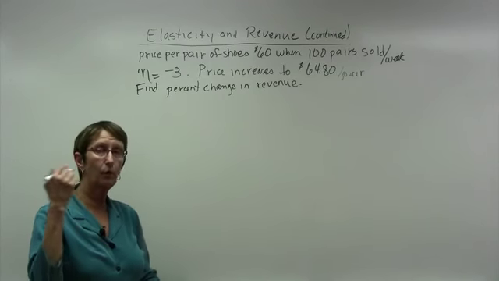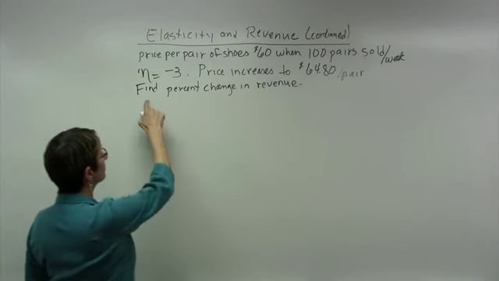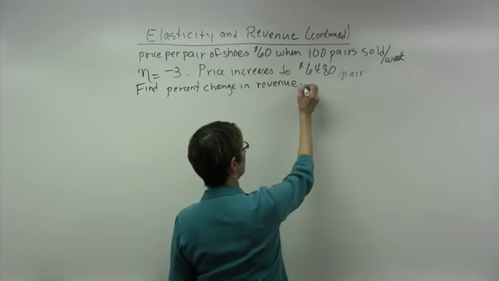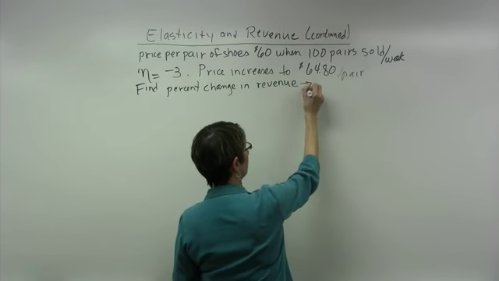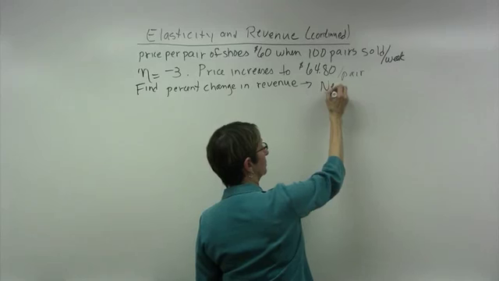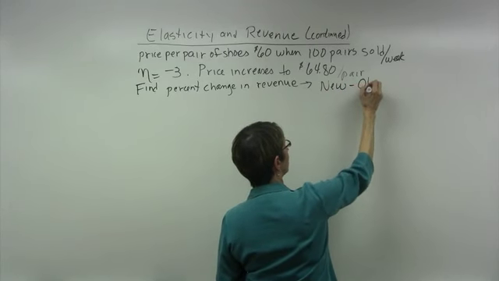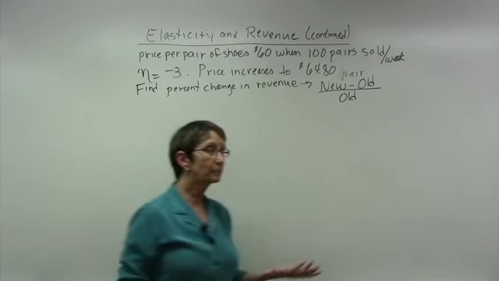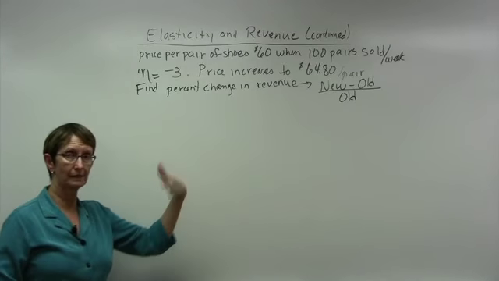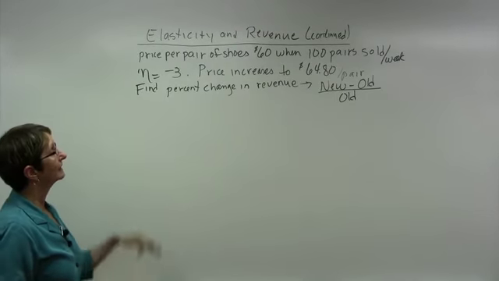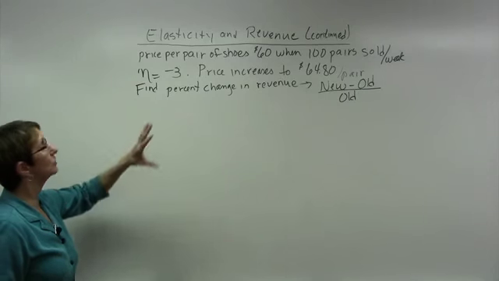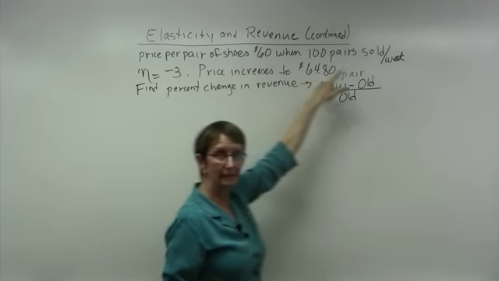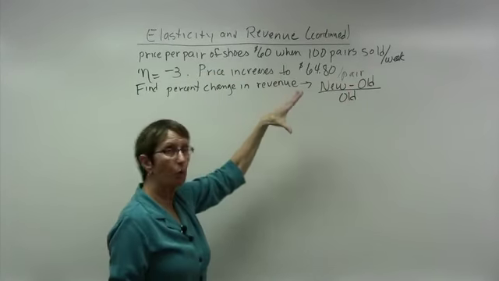So let's think about what is a percent change in revenue. Percent change in revenue will be the new revenue minus the old revenue divided by the old revenue. Just like percent change in price is new minus old divided by old. Now, the old revenue is what we have currently. Revenue is price times quantity.